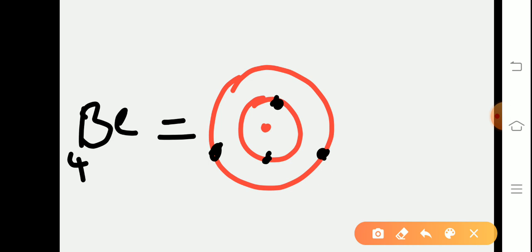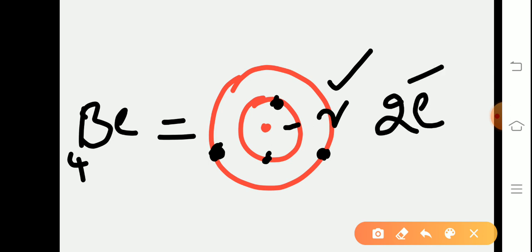So how many shells are there? 1, 2, two shells are there. Which is the valence shell? Yes, the outermost shell, or valence shell. This is called the valence shell or outermost shell. So the valence shell contains how many electrons? 2 electrons, right?